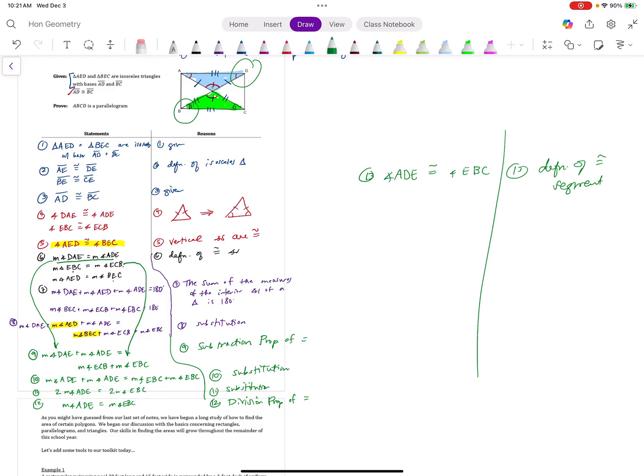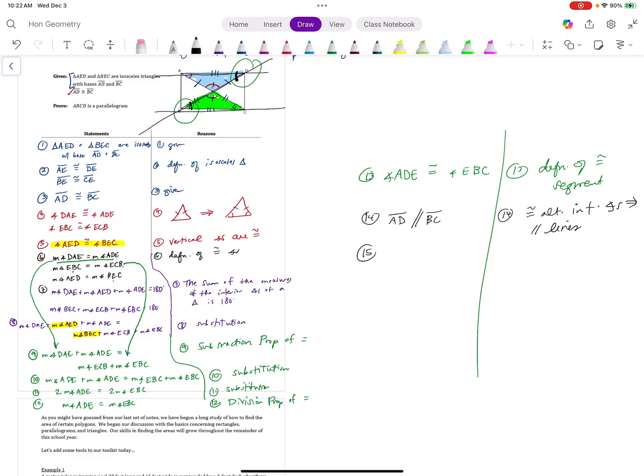Now, if those two angles are congruent, which they are, that makes these lines parallel because they're alternate interiors. So AD is parallel to BC because congruent alternate interior angles imply that you have a set of parallel lines to form them.